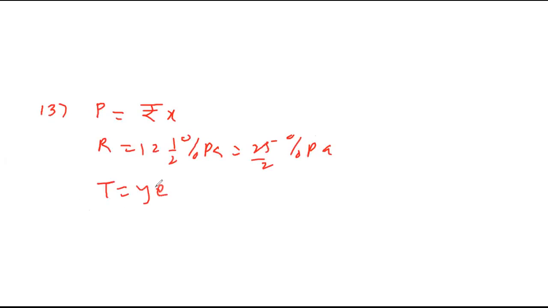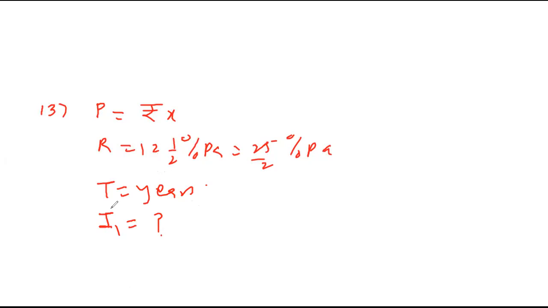Time is 4 years. Same interest as 8560. So I'm writing this as I1, as 8560 produces in 5 years at 12%.